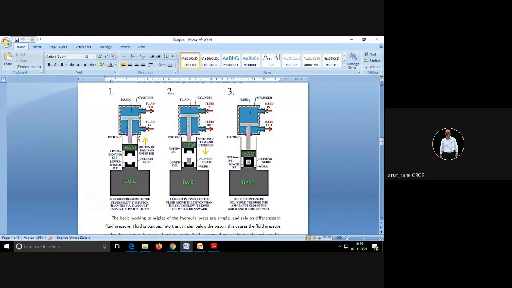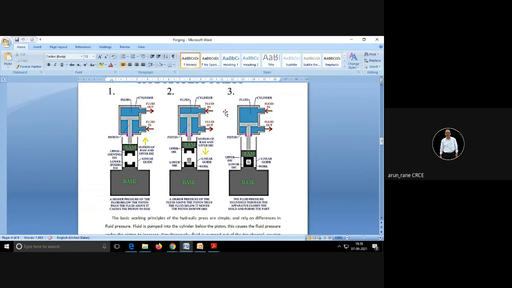So nothing like that. Now these are the dies which are attached. Generally the lower die is fixed and the upper die is moving. The component, billet or slug, is kept here. The fluid pressure is like this.